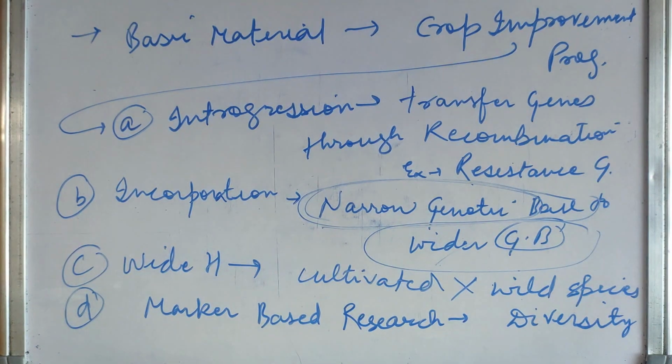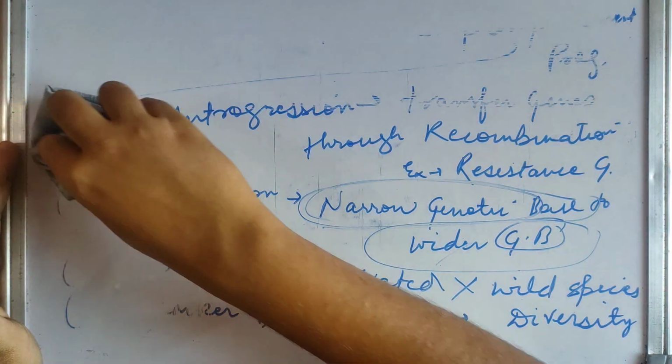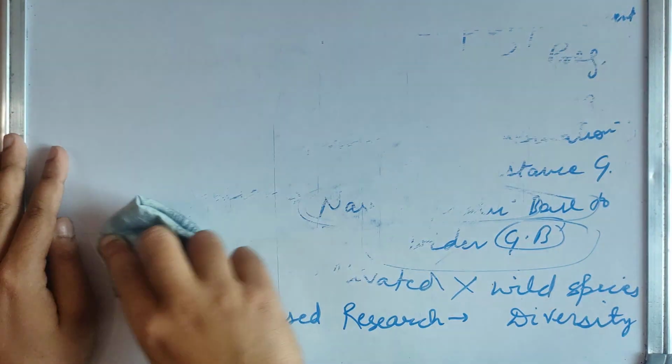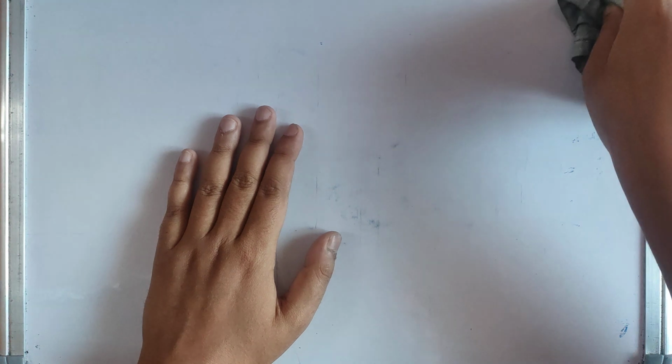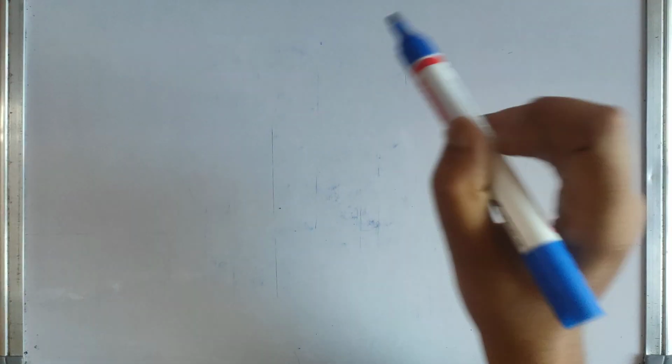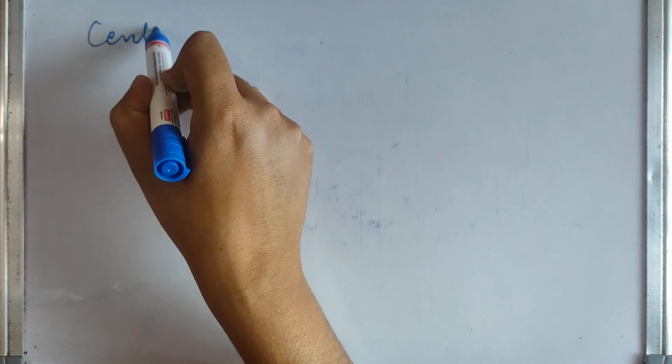These are plant genetic resources. I hope you all understand it. Now moving on, what is center of origin?